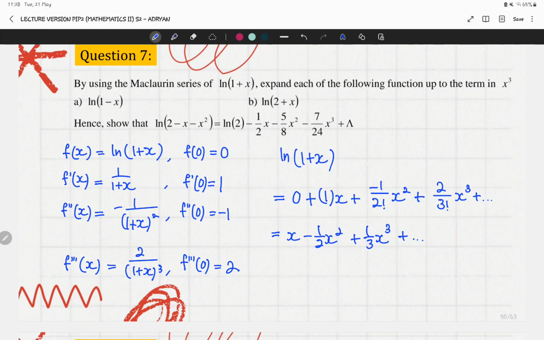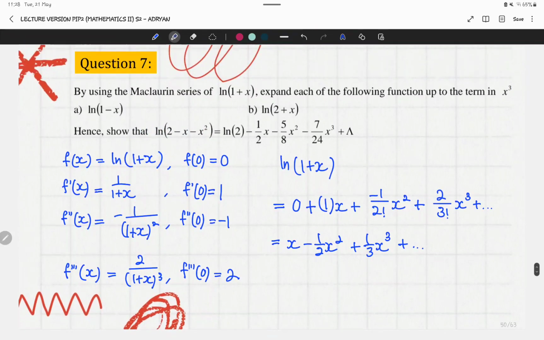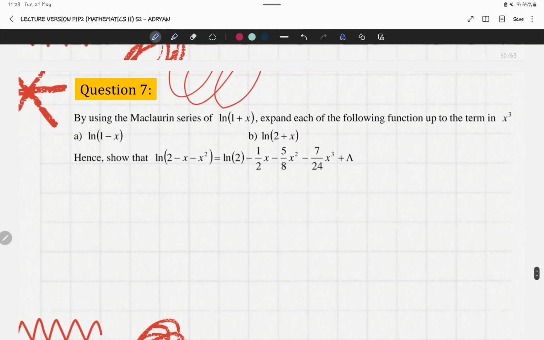Next, we want to find, using what we have proved here, because the wording says hence, and then expand each by using the Maclaurin series. So we will be using this series expansion to find ln(1 - x). Rewriting, ln(1 + x) is equal to x minus 1 over 2 x squared plus 1 over 3 x cubed plus dot dot dot.